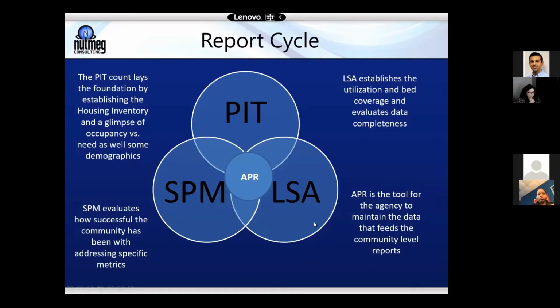And then SPM, as you can see, I have the definitions there for you as well. SPM, as a system performance measures tool, is looking at just that. It's looking at performance, how long people stay homeless, do they return to homelessness, how well are they doing with income and non-cash and health insurance and things like that. And LSA is a little bit more overall review of are your projects functioning the way they're supposed to be functioning?